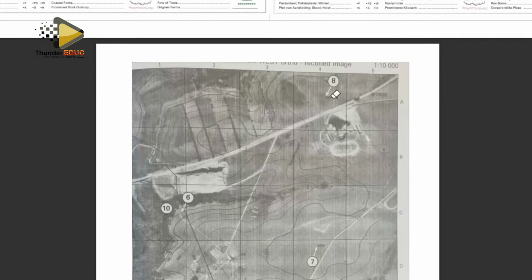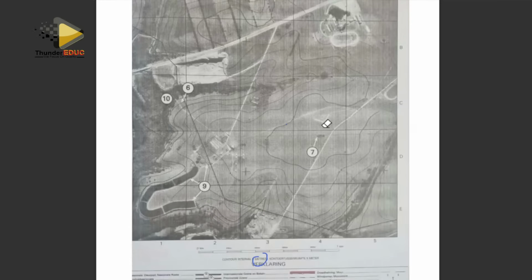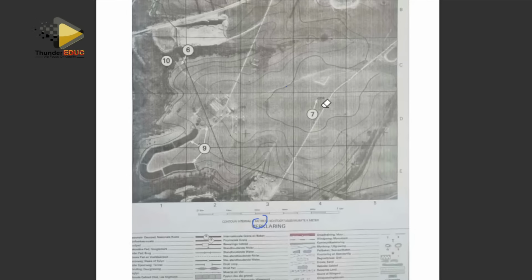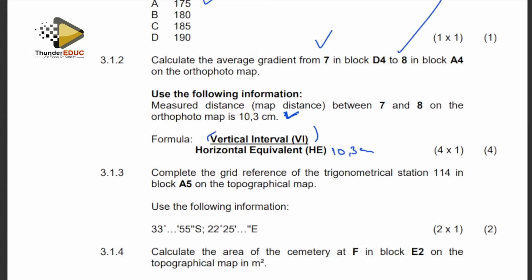So we have this place and we have the other one. The height of this place here is 209. I don't know if you can see. And the height for this one is 204. Which one is bigger? This one is bigger. So VI is going to be 209 meters minus 204 meters.